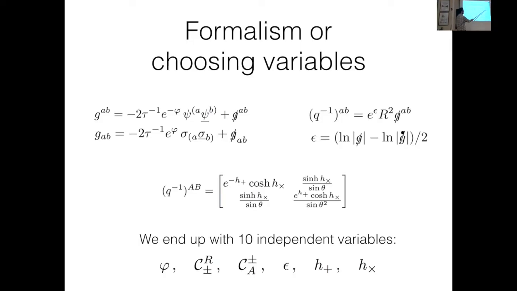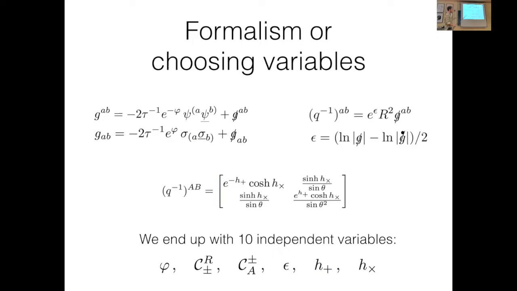Basically, it amounts to taking out of g slash the 1 over r squared, with r being suitably defined radial coordinates, and e to the epsilon being the determinant of g slash over the determinant of the flat g slash squared. We can also split this conformal metric q inverse in two more variables, which are going to be h plus and h cross. The way we built this is not so important for this discussion.